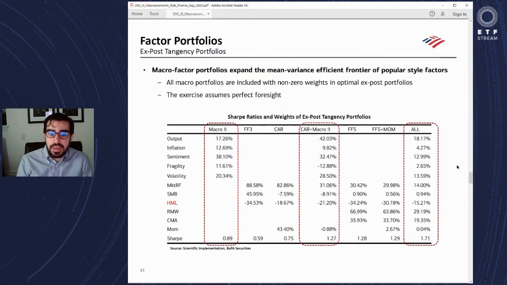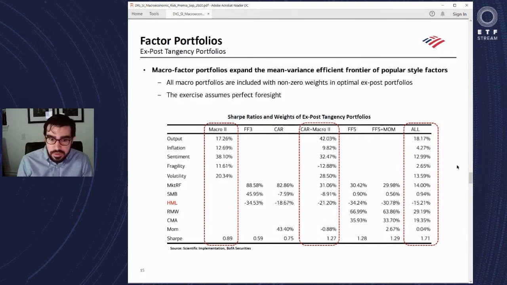Moving on, and to actually make this point a little bit stronger, we went and did a very simple analysis where we added those macro portfolios into the mix of Fama French 5 factors or Carhart 4-factor model. And we did that in a not ex post setting by estimating a mean variance efficient frontier using different combinations of those portfolios.